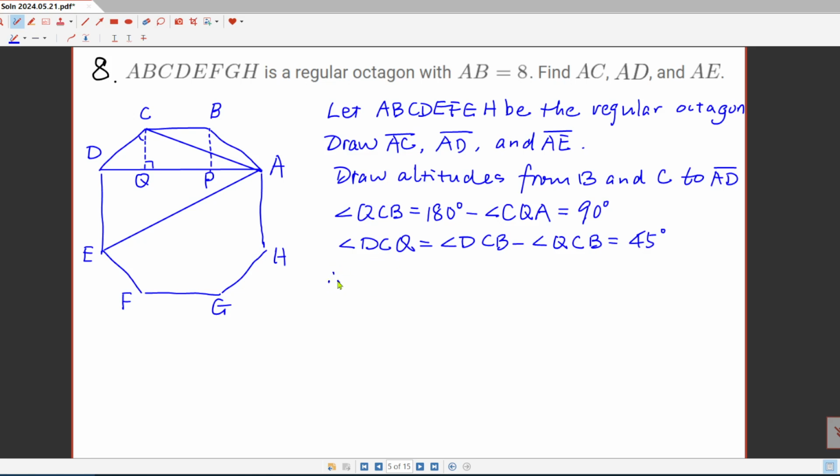Okay, then we know that triangle CDQ here, this little triangle here, must be a right triangle, right? And it's a 45, 45, 90 right triangle. And similarly, triangle ABP is also such a triangle, right?